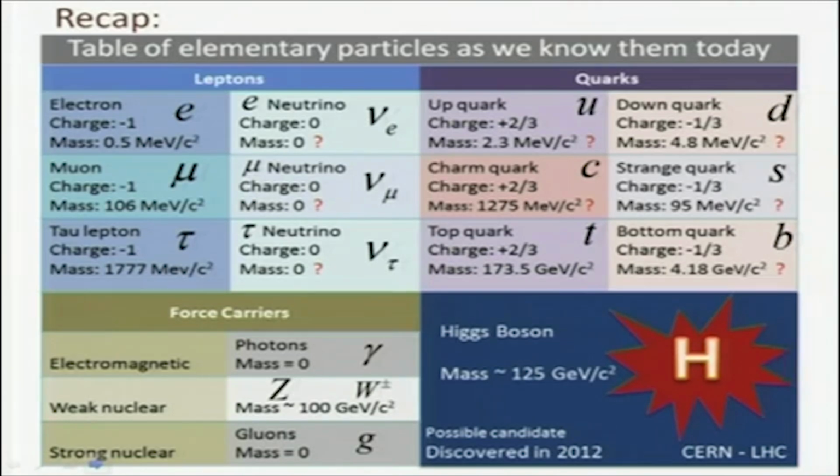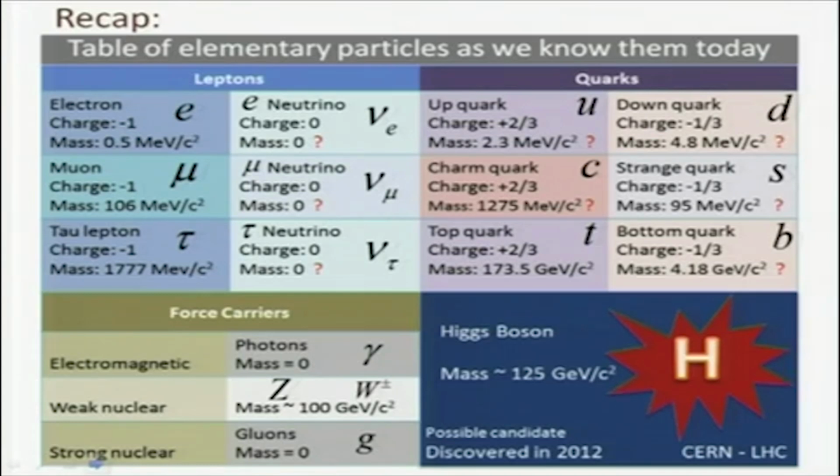Similarly, for weak nuclear interaction, there are three such gauge bosons. One is a neutral gauge boson, and the other two are charged gauge bosons, W plus and minus. All three of them have mass around 100 GeV/c². And strong nuclear interactions are carried through the exchange of what are called gluons.